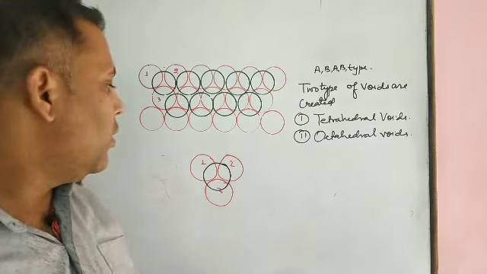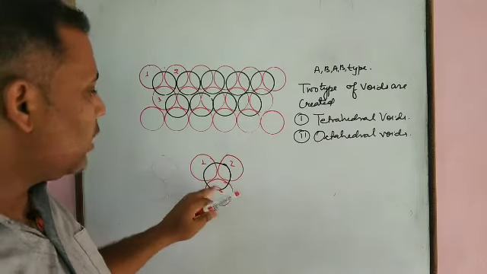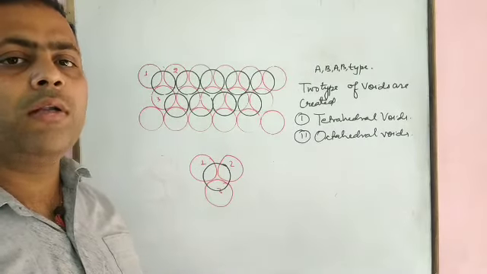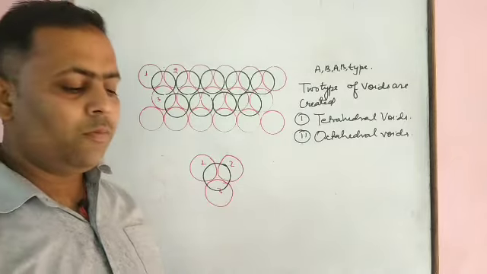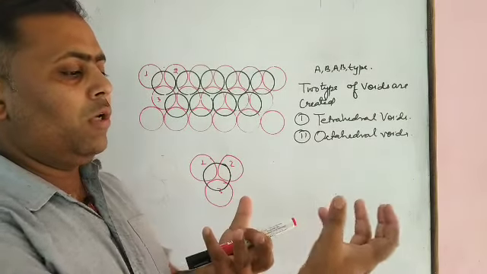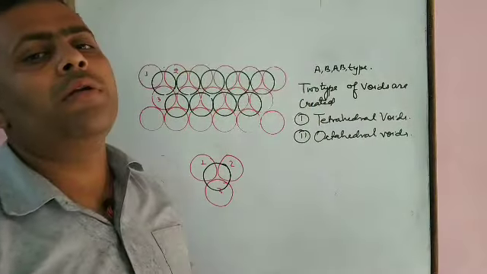If we join the centers of these spheres, let us assume this one is 1, 2, 3, and the one above it 4.